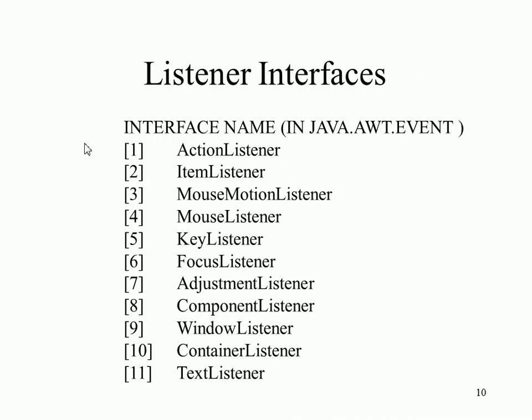Some components, like remember we talked about the runnable command pattern, some components implement different listeners than runnable. Like for example, the mouse motion listener, the mouse listener. These things are listening for mouse events.